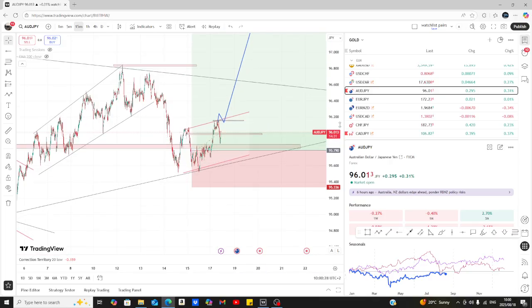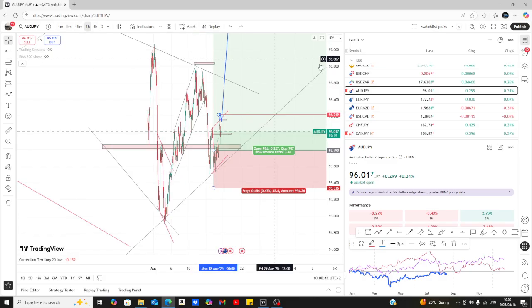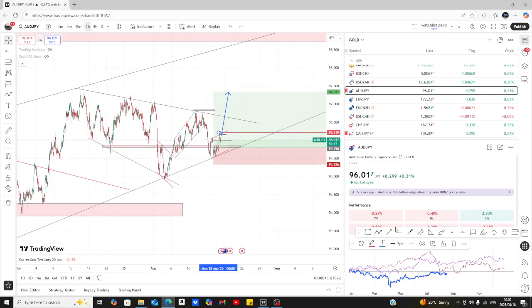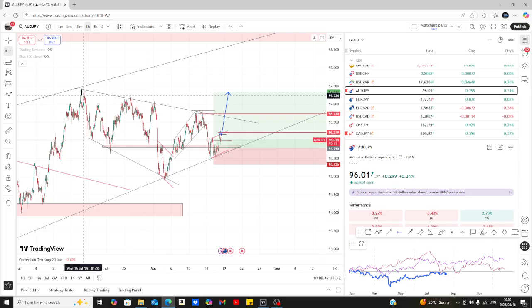One thing I'm waiting for is the price to break out of this area right here, retest this high that it has just formed, then I will enter more positions here. I'm looking for the price to continue to the upside, with my first target being around here, the previous high, and my final target being the high of this correctional structure.